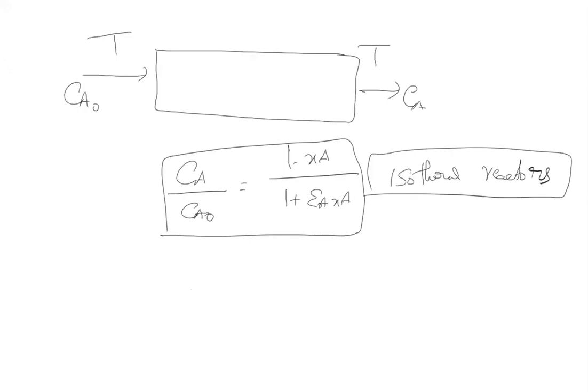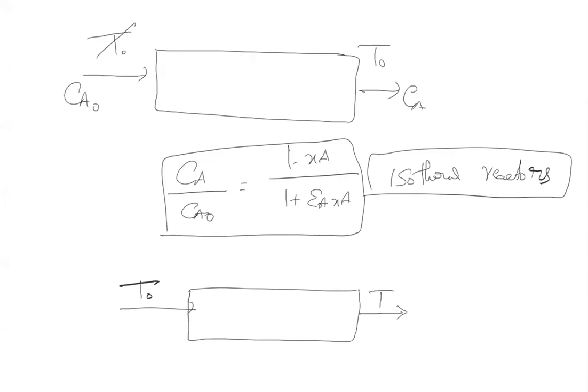Now, what about this CSTR or PFR which is given? The inlet temperature is T naught and the outlet temperature is T. CA by CA naught is (1 minus XA) by (1 plus epsilon A XA).